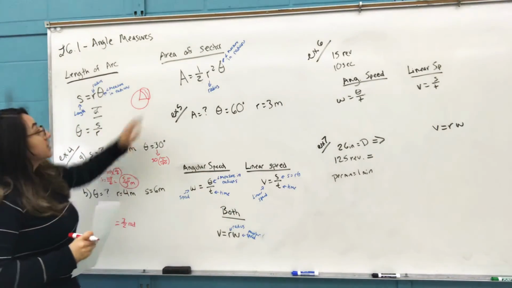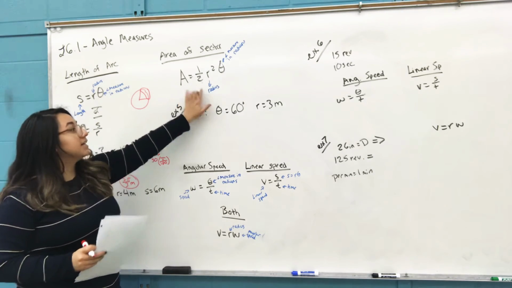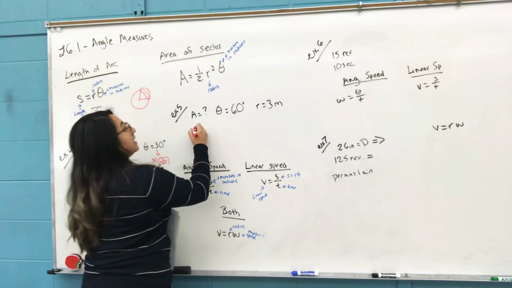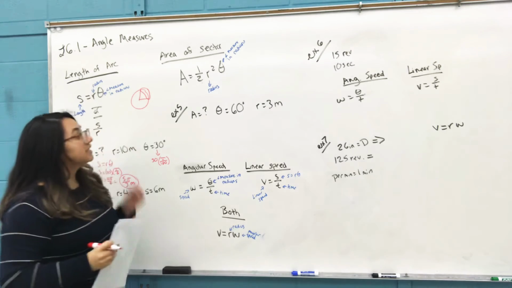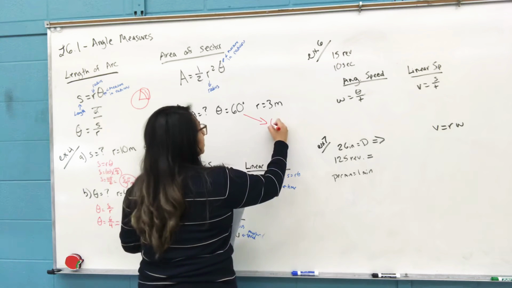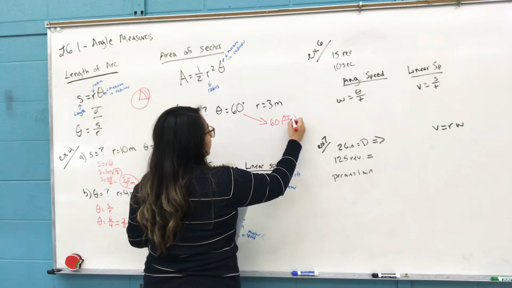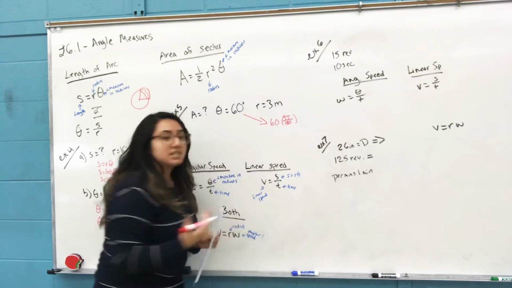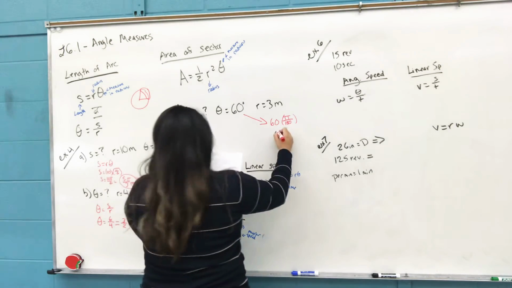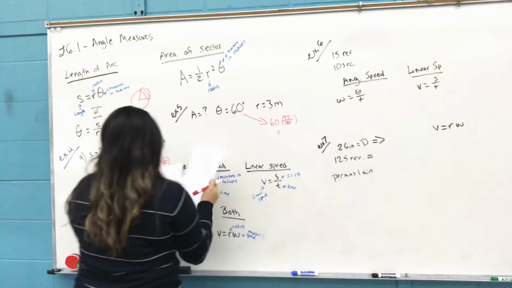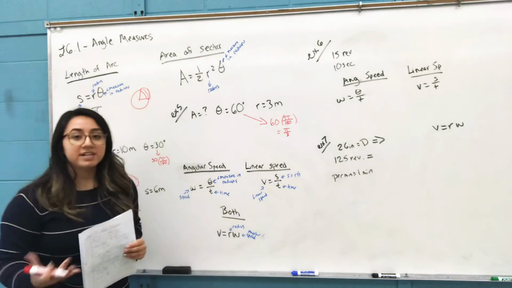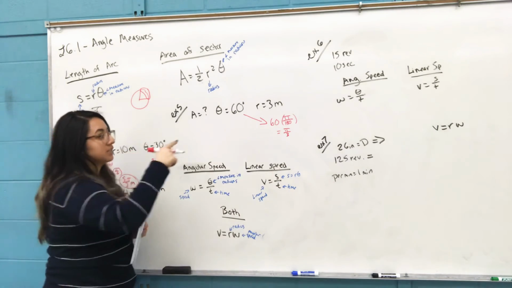Next one, area of a sector. To find the area, it's 1/2 times radius squared times your measurement in radians. Example 5. What is the area if your measurement is 60 degrees and your radius is 3 meters? Here, before I begin plugging it in, I have to go ahead and convert this. So I know I do pi radians divided by 180. Think of 60 times 1 over 180. You get a fraction, simplify that fraction, and you end up with pi radians over 3. 60 over 180 simplifies to 1 over 3, and always include the pi radians on top.